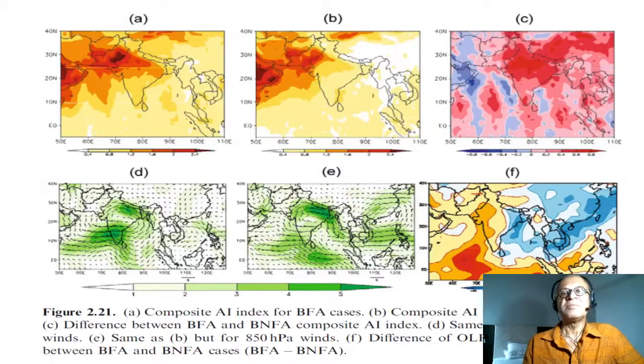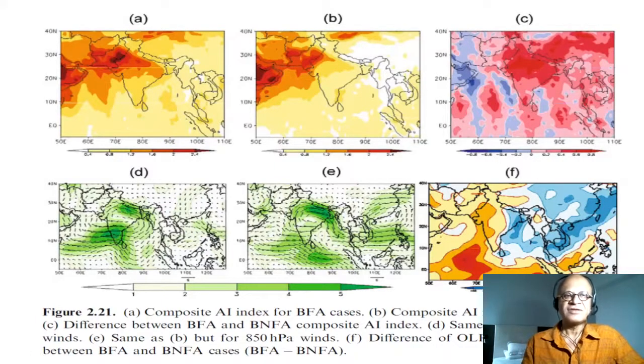Which basically diagnosed the impacts of aerosols by looking carefully at the break and active periods, and they found two cases. One was where the breaks were followed by active periods, and there were also situations where breaks were not followed by active periods in terms of rain over the core monsoon zone.